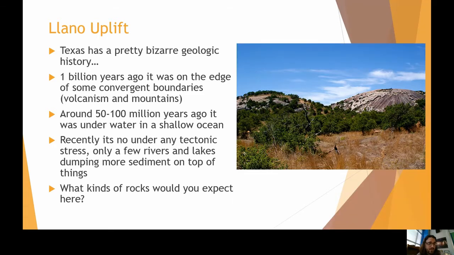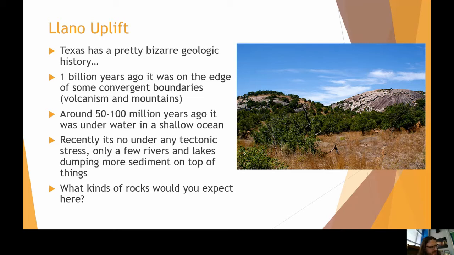And yeah, it's going to be a little mixture of everything. It's always continental, so even if we had volcanoes a long time ago, we would expect the sort of continental volcanic rock, so things like granite or rhyolite, maybe. The mountain forming stuff, yeah, we might have some slate or gneiss way back in the day.